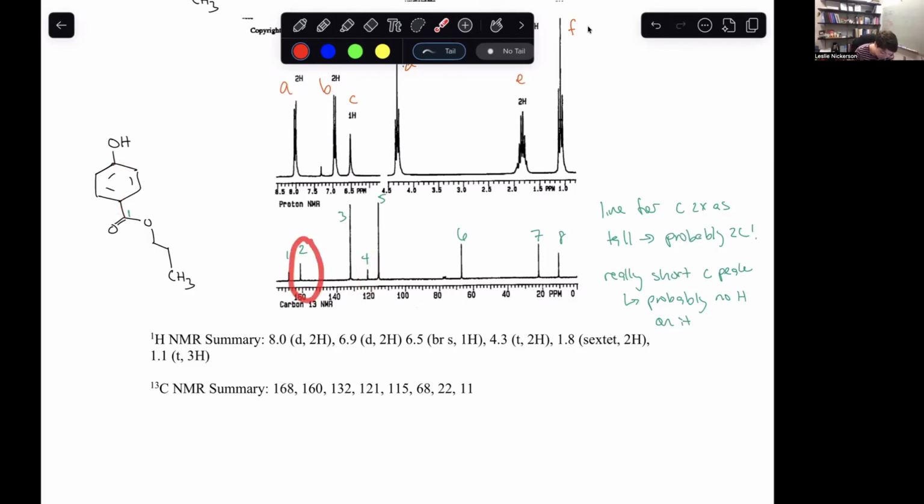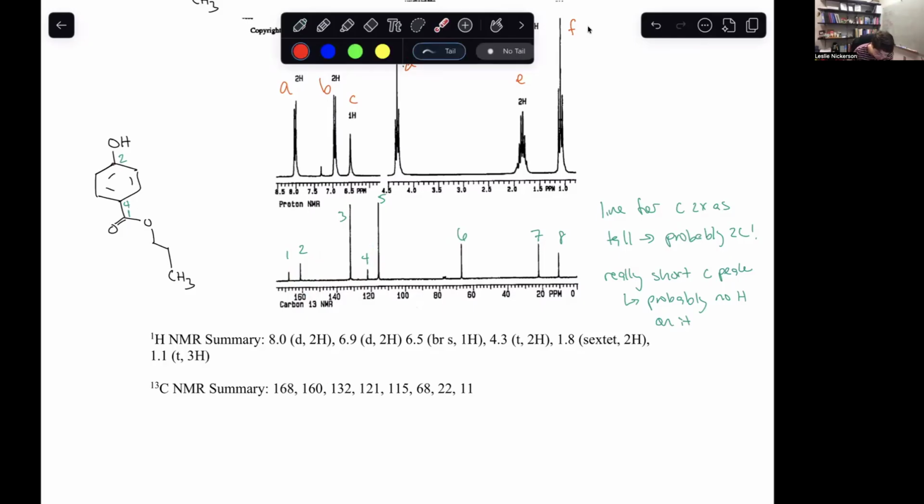So then I can narrow it down and say 2 and 4 is probably these. If I'm looking at what they're connected to, I would expect to see that carbon being connected not only as part of a benzene ring, but on an oxygen. That is going to get us more of a downfield pull. So then this is going to be my 4.